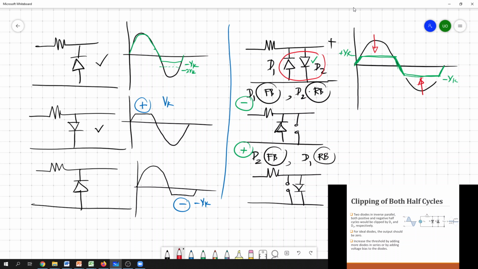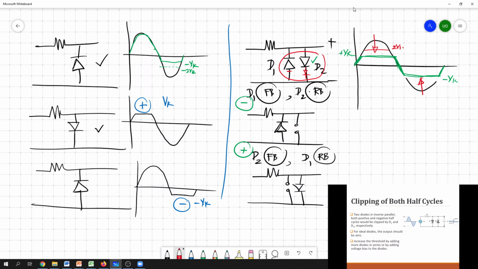So again, by introducing a series set of diodes, you can adjust these clipping voltages. For example, if you add another diode here, then this should move to 2Vk, and the negative cycle is simply clipped at minus Vk.